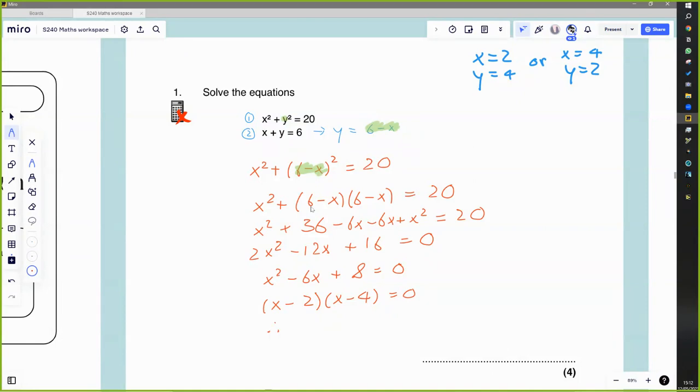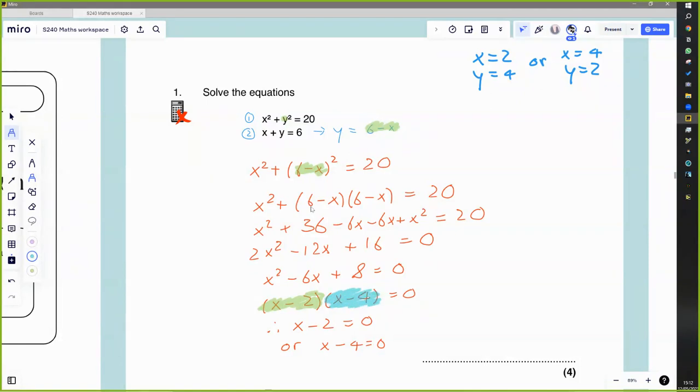Therefore, these three dots mean therefore, either x minus 2 is equal to 0 or x minus 4 is equal to 0. Now, let's just slow down a moment. Why is this the case? It's because we have two things multiplied by each other, which are equal to 0.